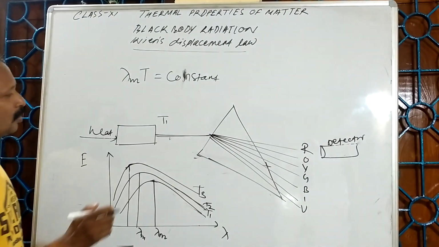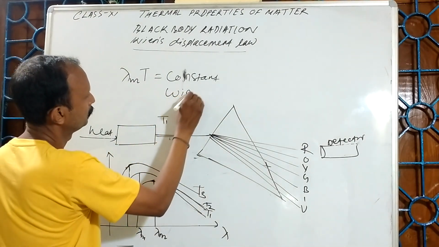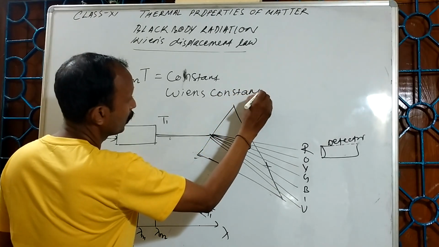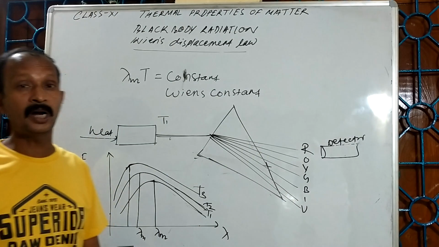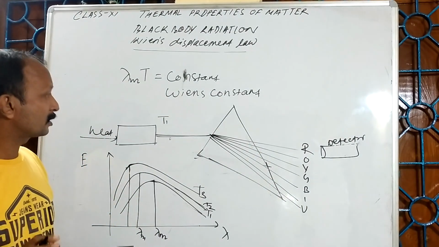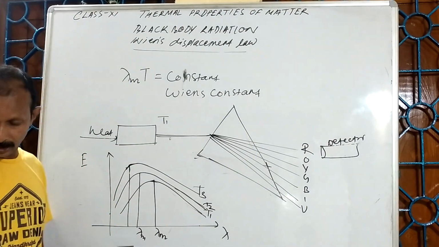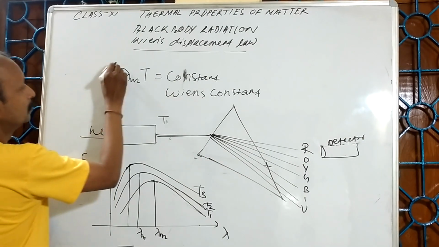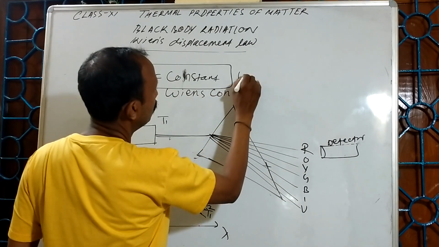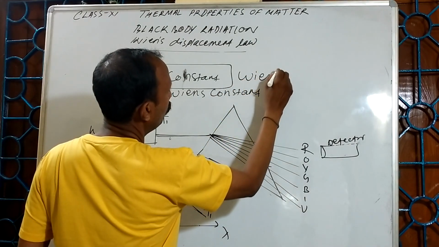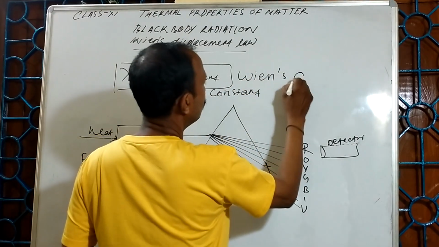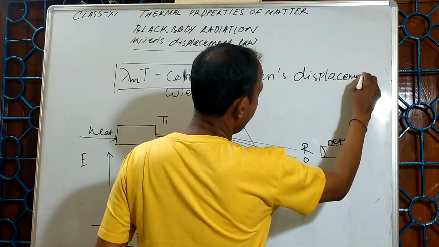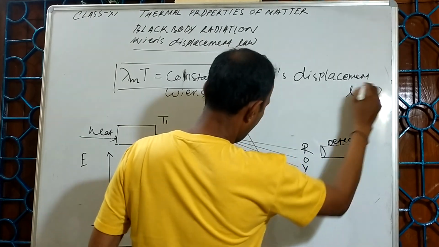That constant is called Wien's constant, and this law is called Wien's displacement law.